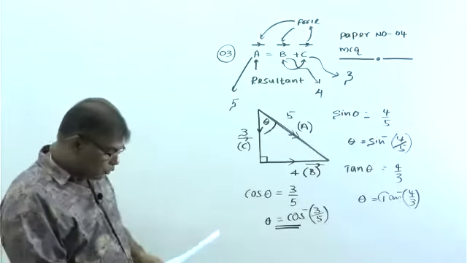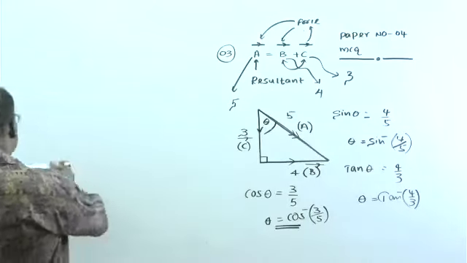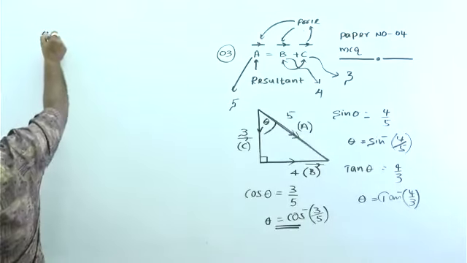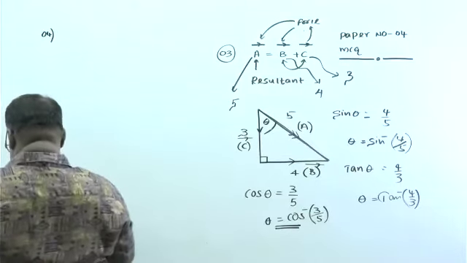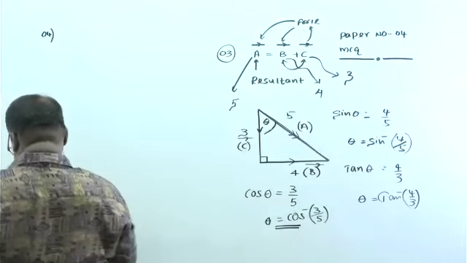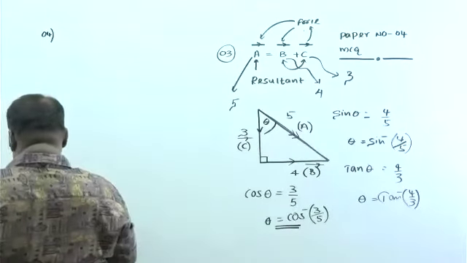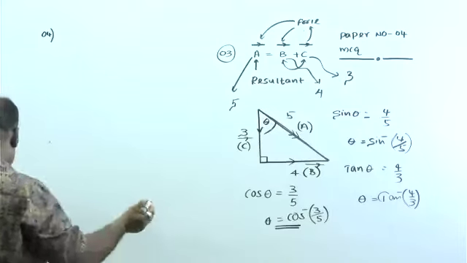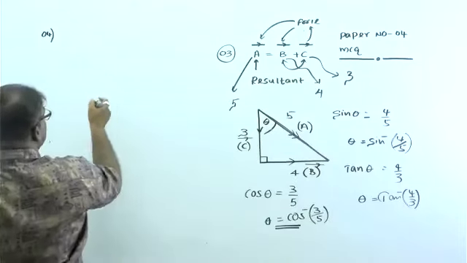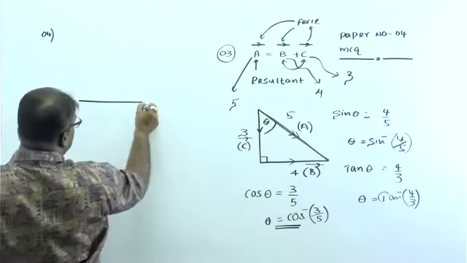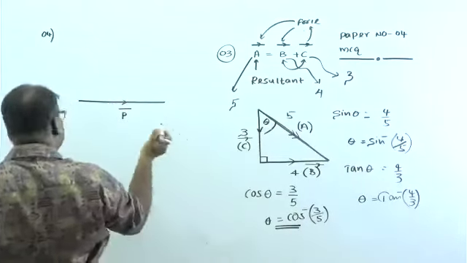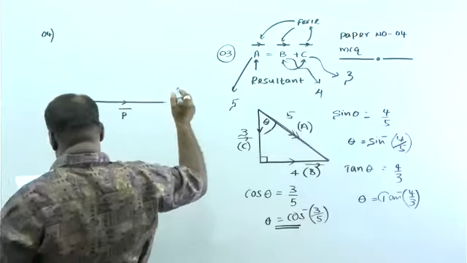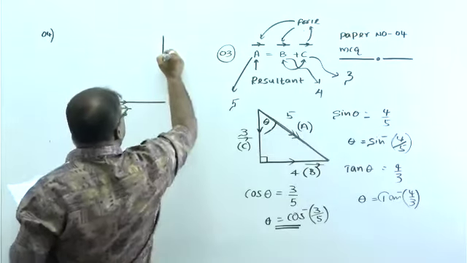Okay, question number 4. Fourth question. Right. You are given a vector diagram which shows R is perpendicular to P. Here you are given P. Vector P is indicated in this direction and R is indicated in this direction.